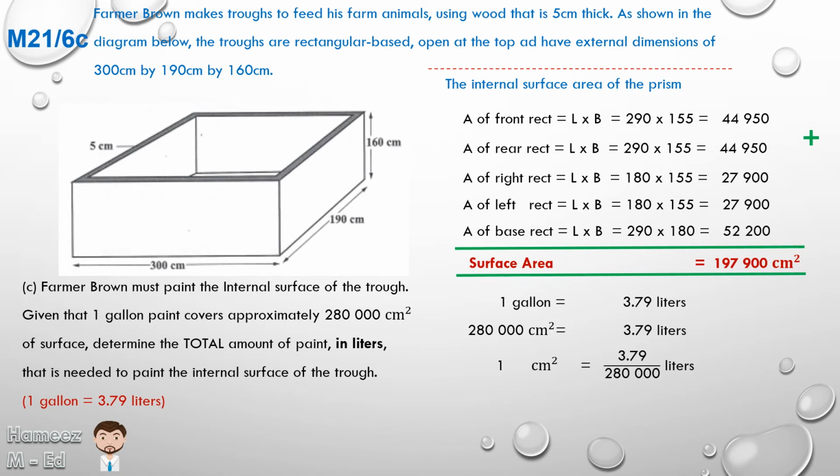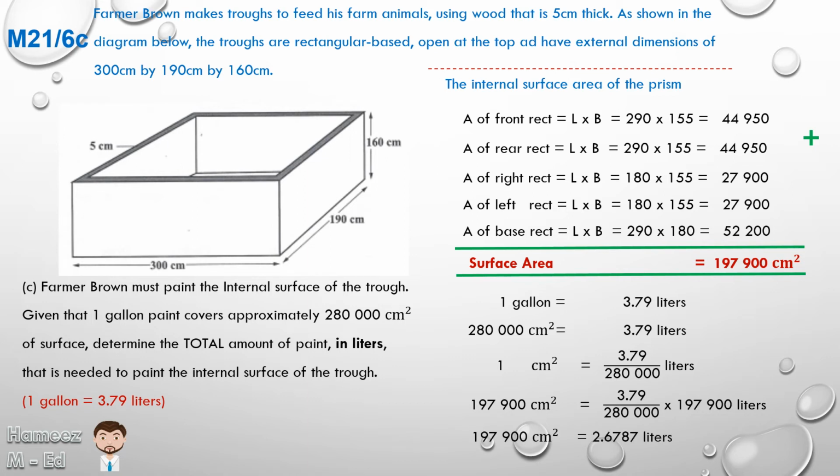And if we want the entire surface area, 197,900 centimeters squared, it'll be 3.79 divided by 280,000 multiplied by 197,900 liters. Using our calculators, we can multiply the numerators and then divide by the denominator.